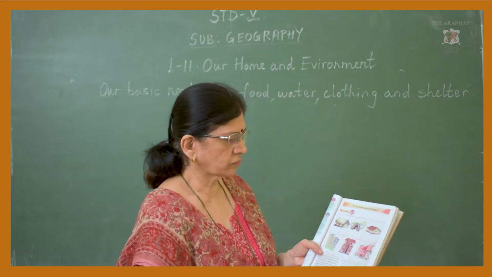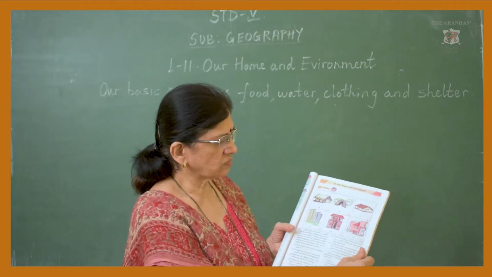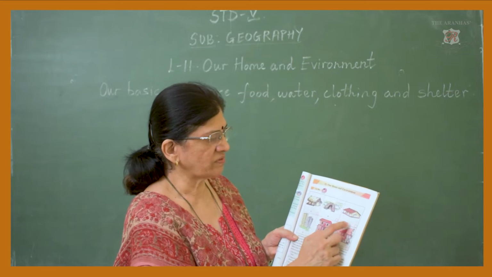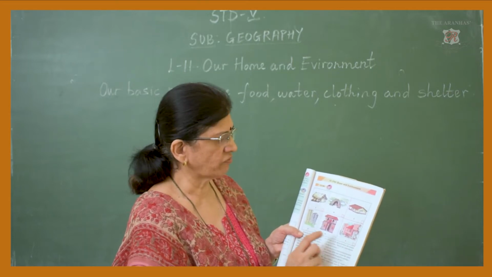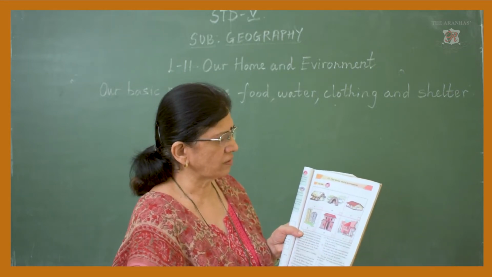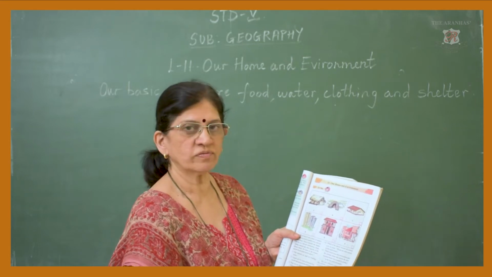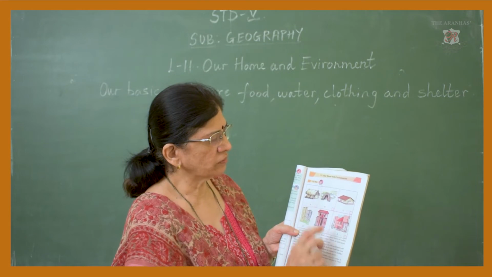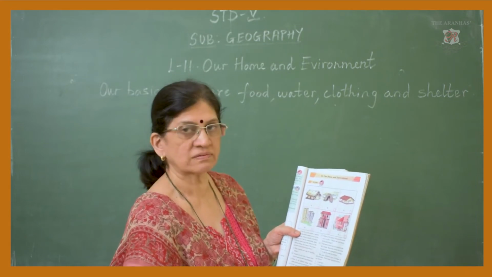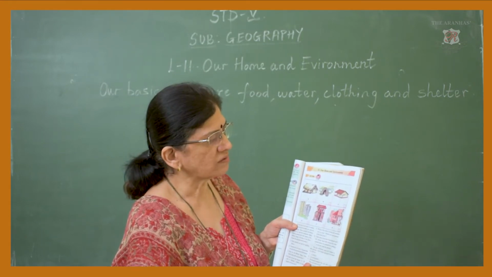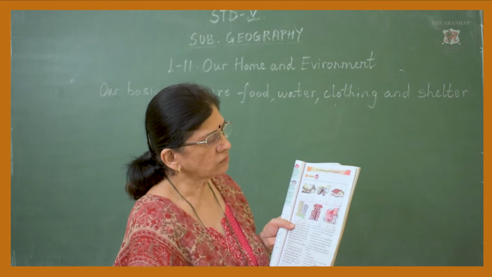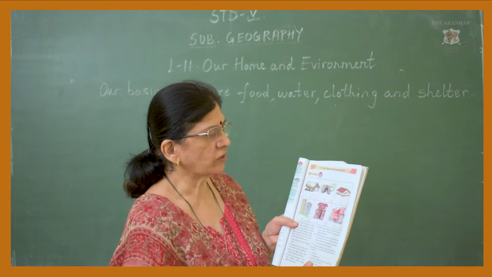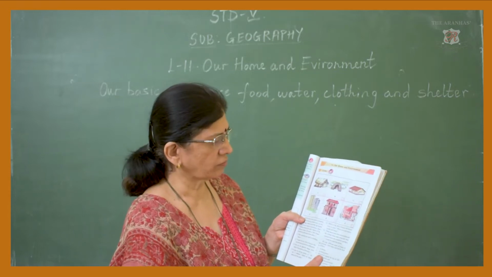Here they have shown 6 types of houses: A, B, C, D, E and F. In A you can see the house is made of just clay and a thatched roof. B also, it has leaves and sticks. Then C is a little better, with tiles on the roof and walls made of maybe mud or clay.